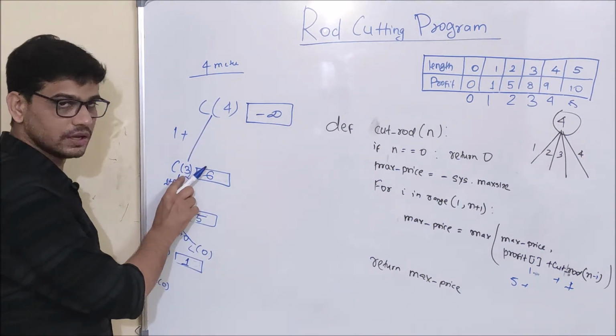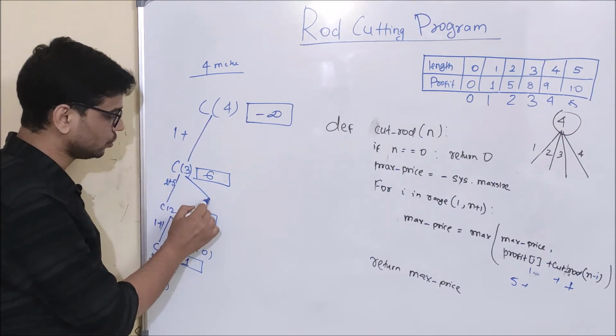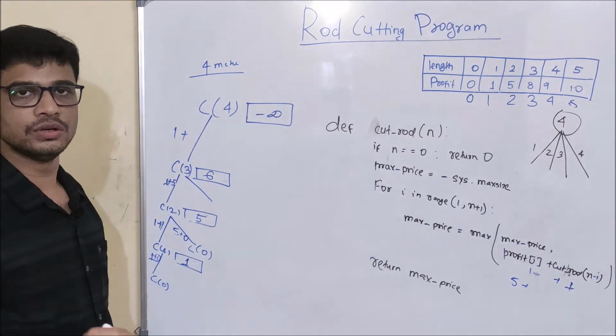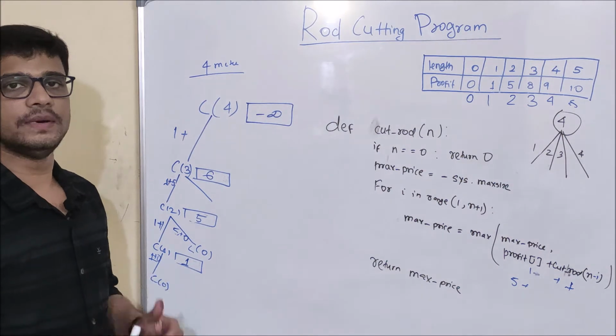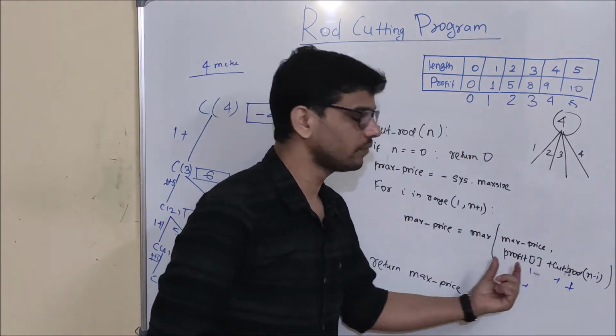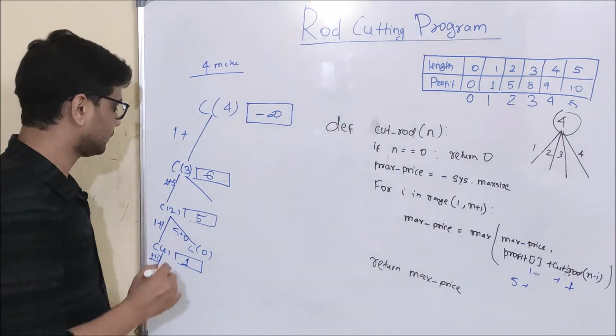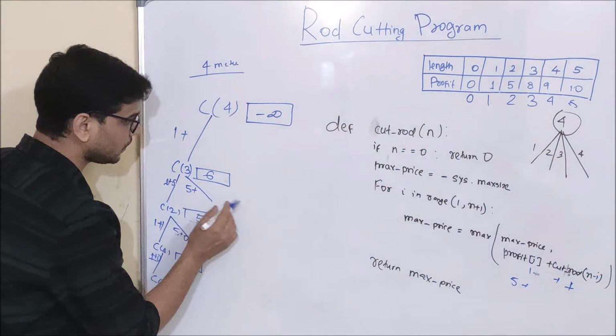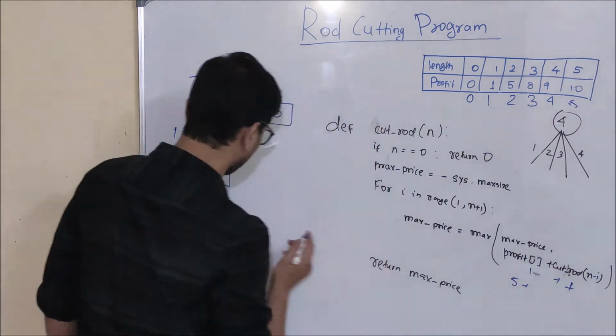This particular thing will execute for i equal to 2, and when i is equal to 2, that means I will give it a cut of 2 meter, and when I give it a cut of 2 meter, this profit of 2 will be equal to 5. Okay, 5 plus cut rod of 1.